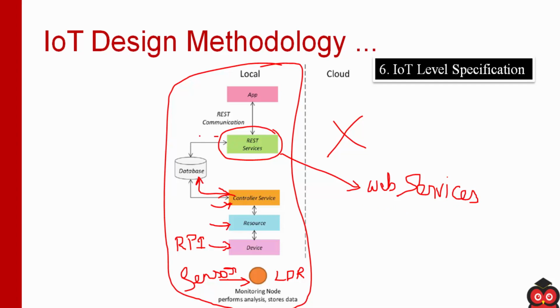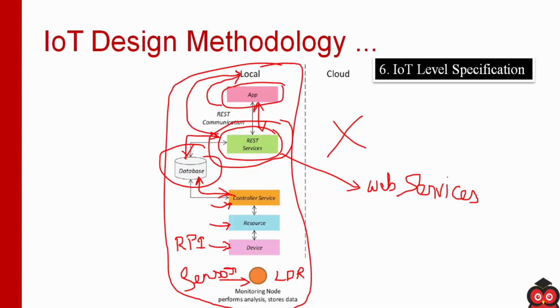These REST services will also access data from the database to display it in the application. So we have the application also. The database, the application, as well as the web services are all hosted on a local server, which is inside the home.